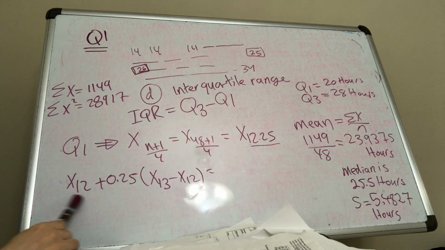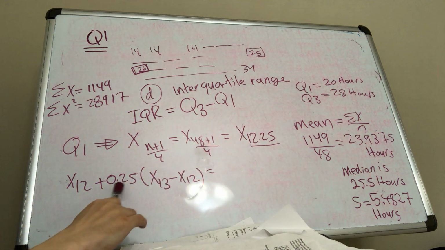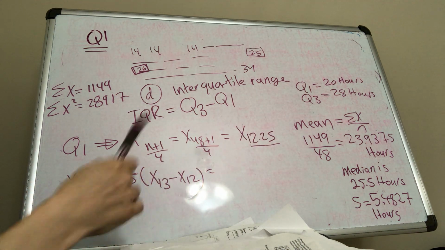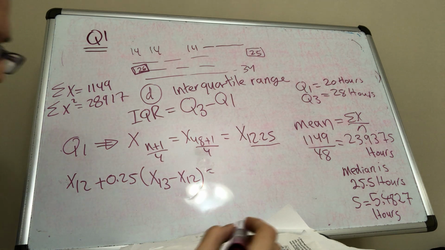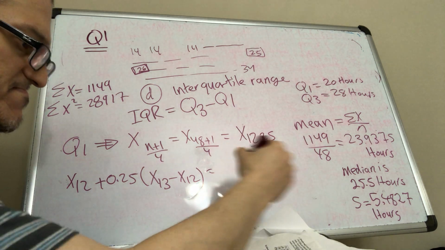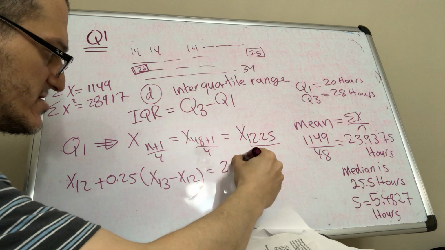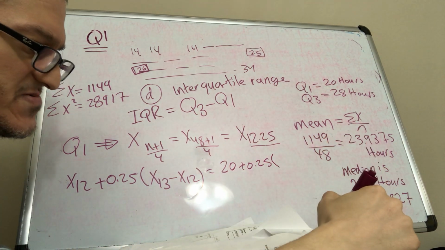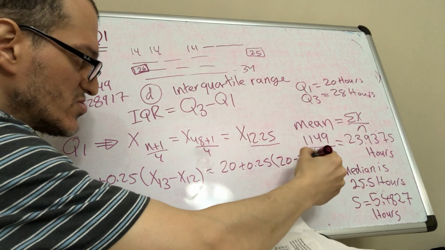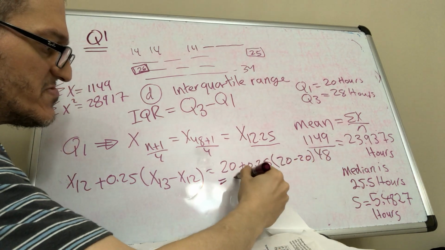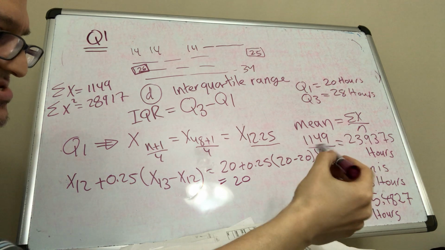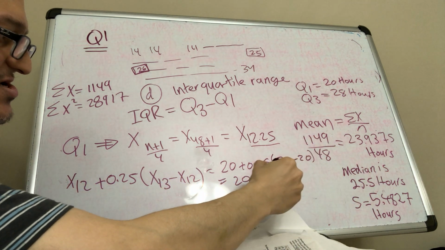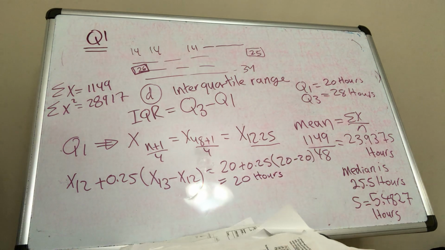So that would be the 12th number, 20, and 25% of the difference between 20 and 20. It would be the same number 20, because 20 minus 20 is 0. So your Q1 is still 20 in this case.